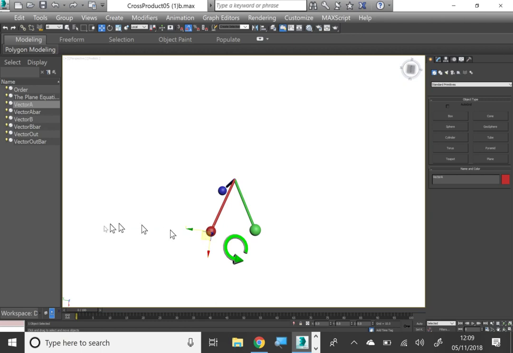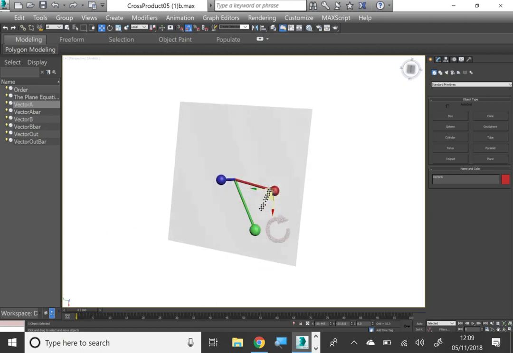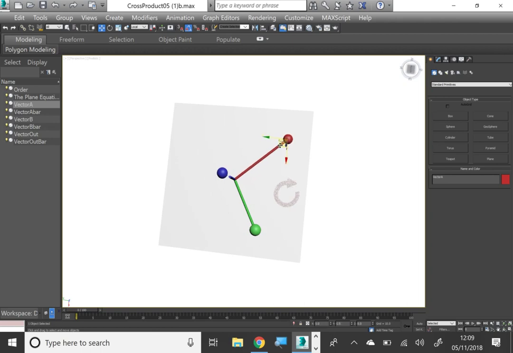So, cross product gives us access to the plane equation. Cross product defines a normal to a surface, which we need for lighting. Cross product also defines whether or not we draw triangles.